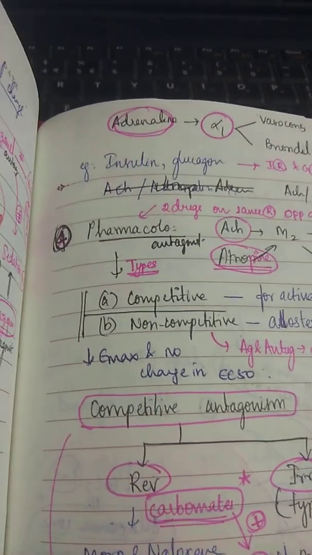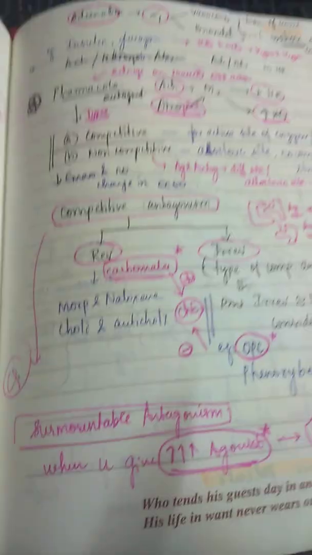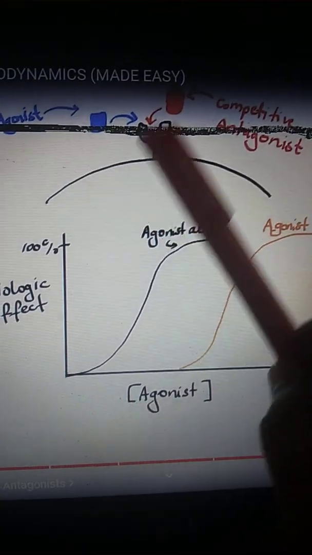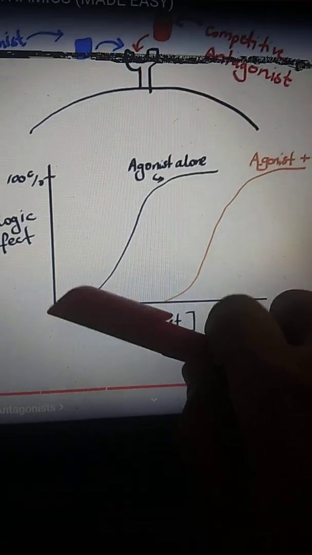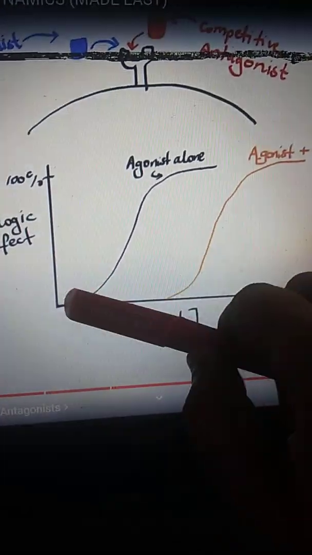Now, agonist and competitive antagonist: again there are two types, reversible and irreversible. There's a receptor, the agonist will act here, and the competitive antagonist will also act here. This is what an agonist alone will produce, that is our biological effect, what we studied earlier.